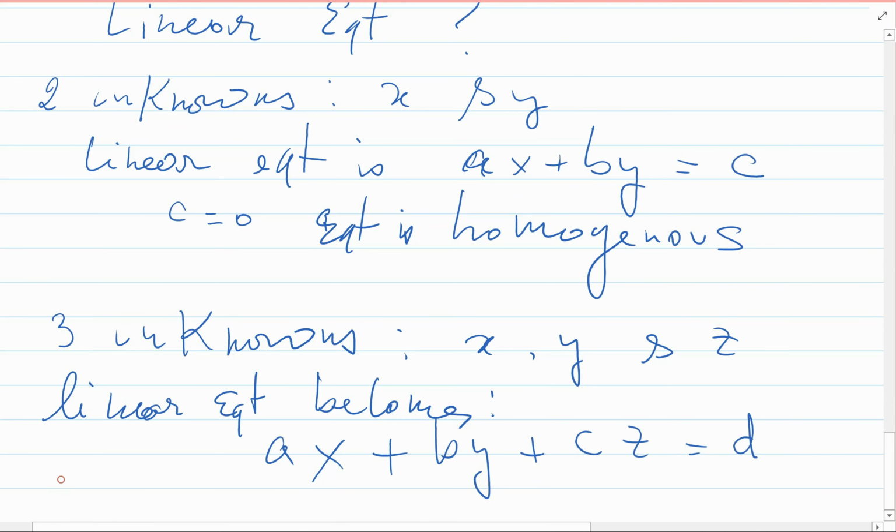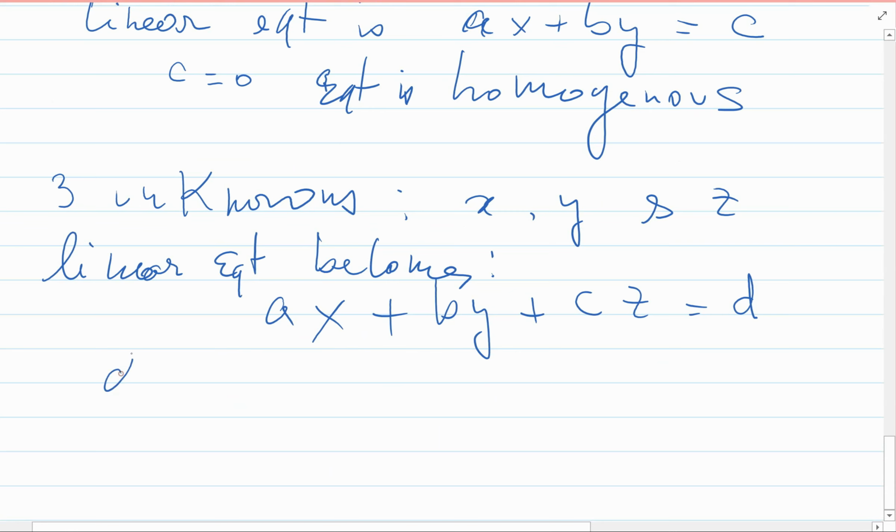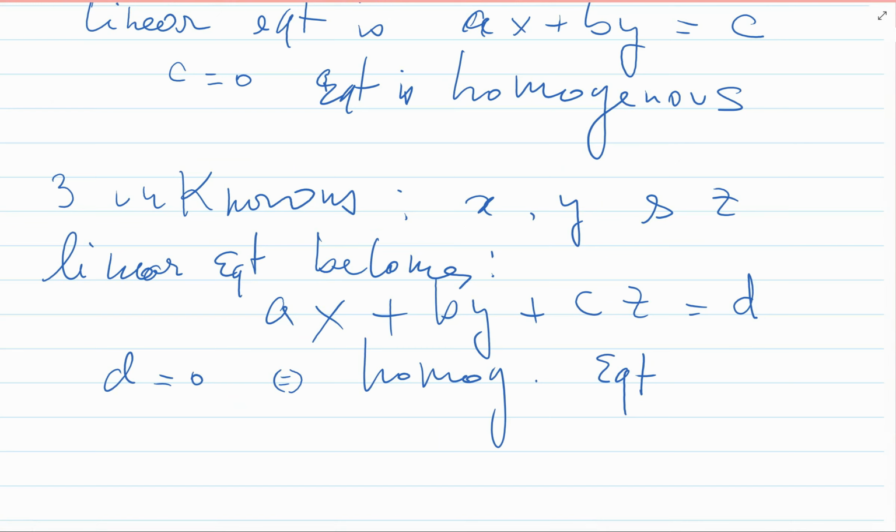Same argument: d equal to 0 gives us what's known as a homogeneous equation. So whenever I use the word homogeneous equation, I mean d is equal to 0. And I'm assuming, of course, that a, b, c, and d are not all equal to 0. In this case, this is the equation of a plane in R3.